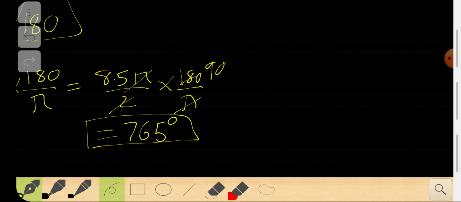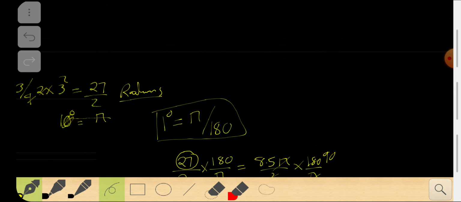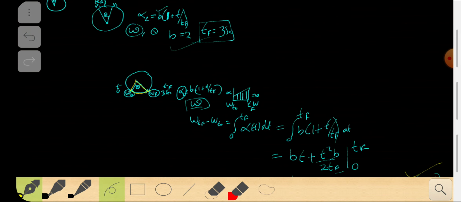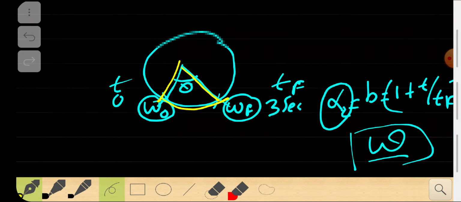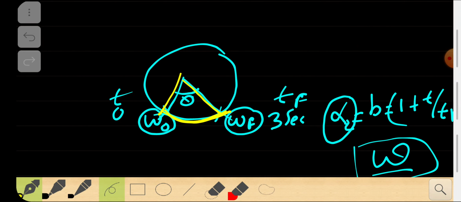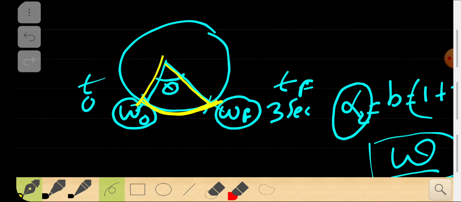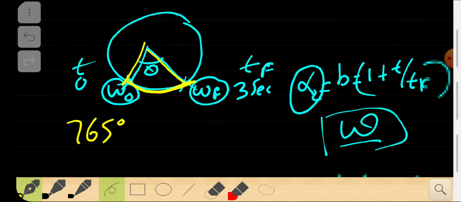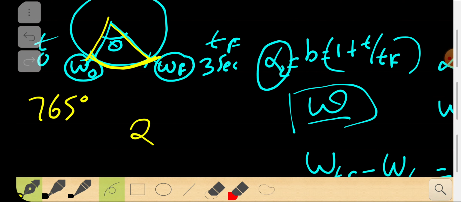So we had actually drawn this theta to be this symbol, right? So this was the angle we had assumed, but this is actually around 765 degrees. That means it will go around 2 times, right?